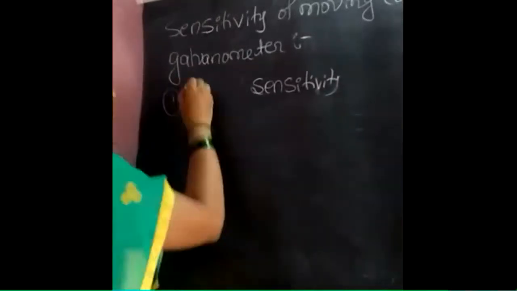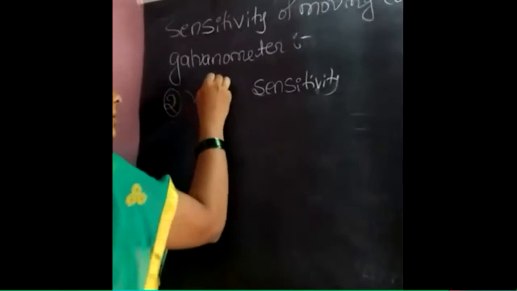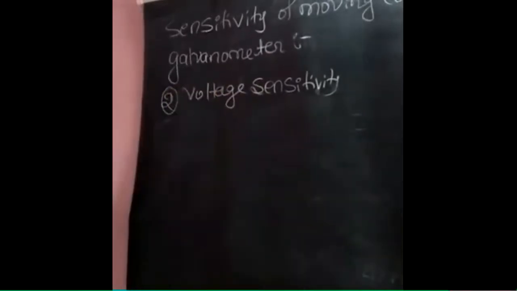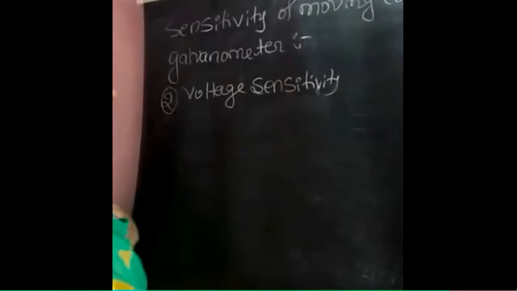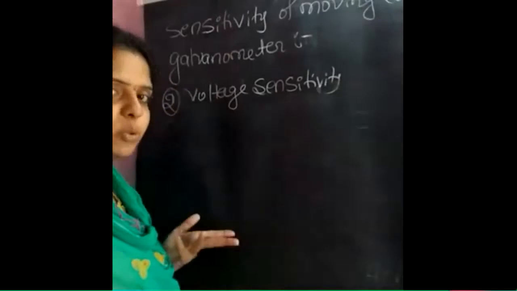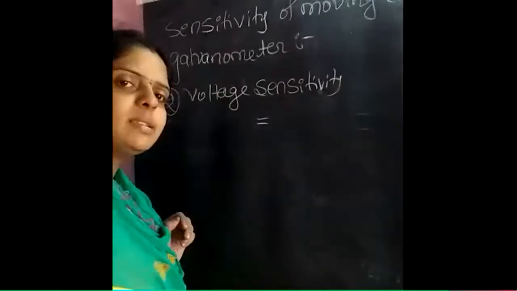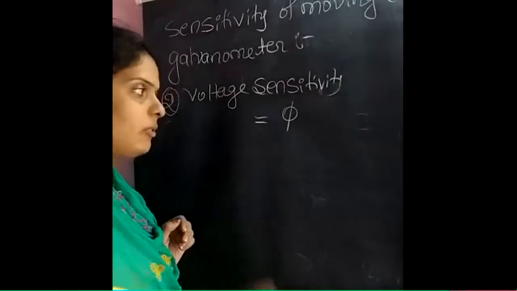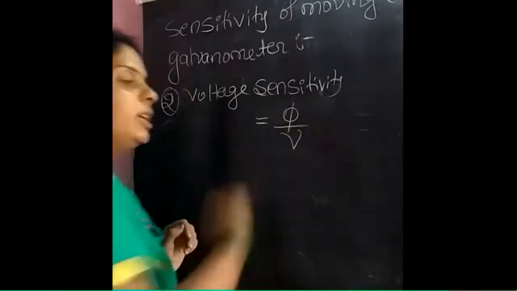So next I'll write voltage sensitivity. How can you define voltage sensitivity? Same line, instead of current, voltage we are taking. Voltage sensitivity is the number of deflection in the galvanometer per unit voltage.